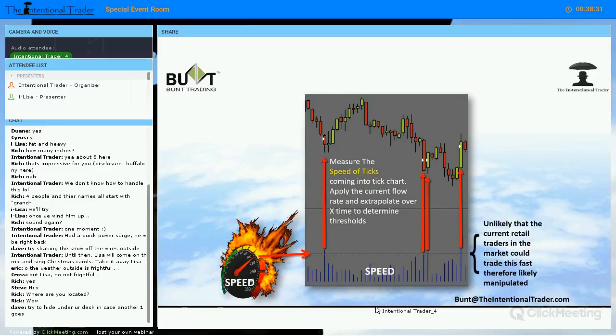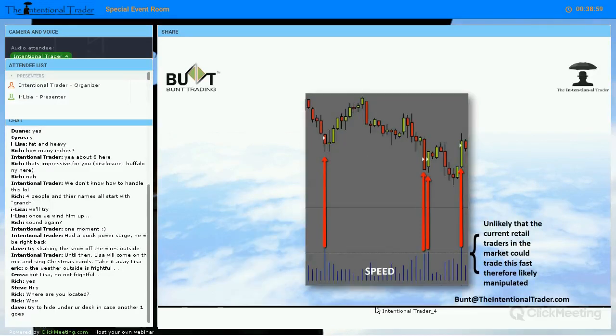So reading the volume has absolutely no value in this. All we need to do is read the rate of orders coming in, and if they exceed a certain rate, then we know it's very unlikely that it's retail traders, which means it must be the other guys, the big boys. Okay? So we're looking for this increased rate because it's being manipulated, and we know what's likely to happen next.